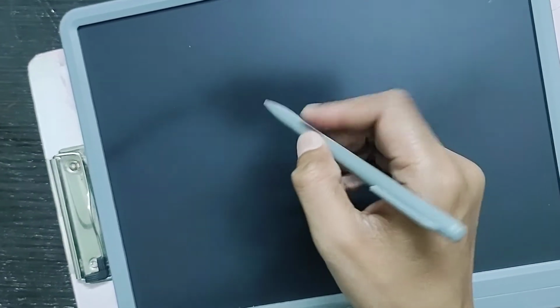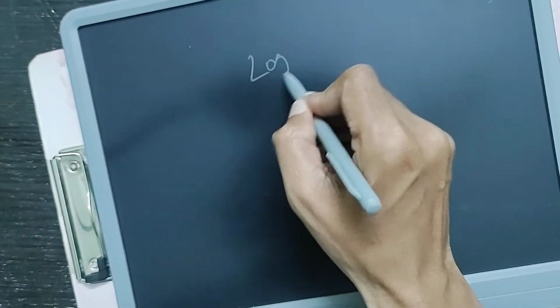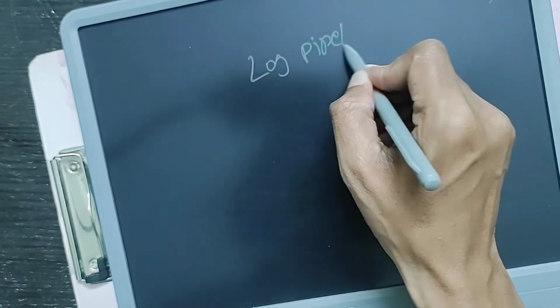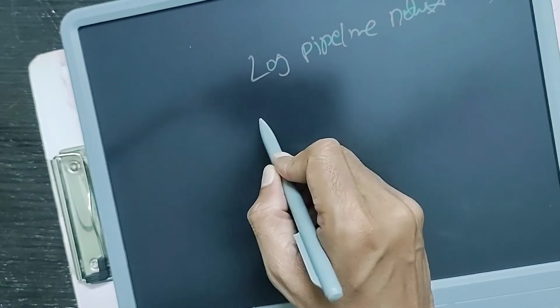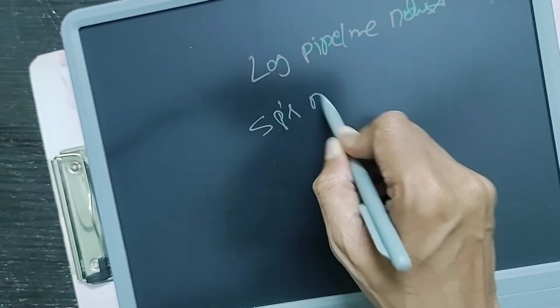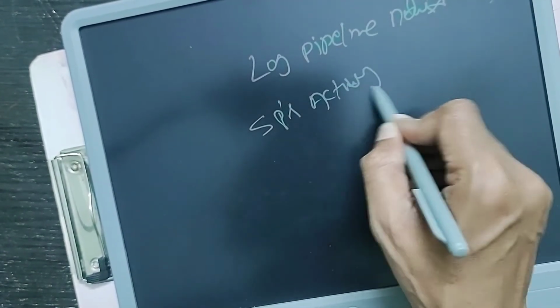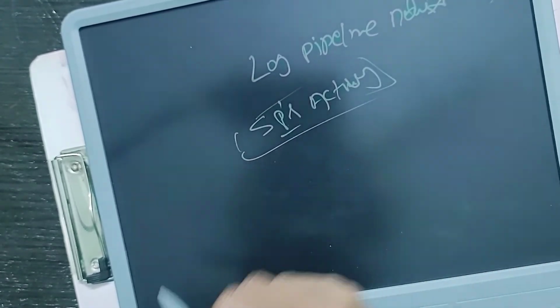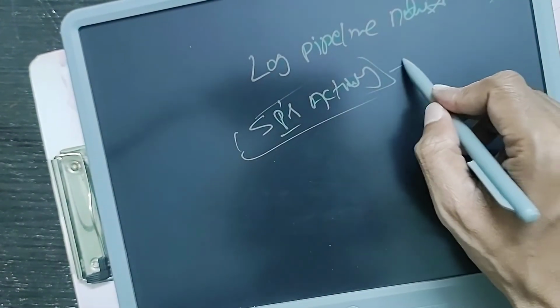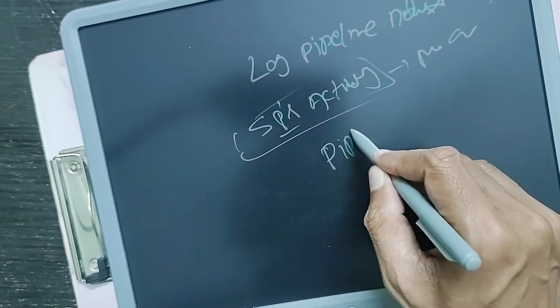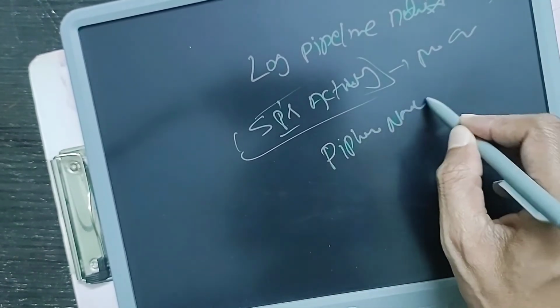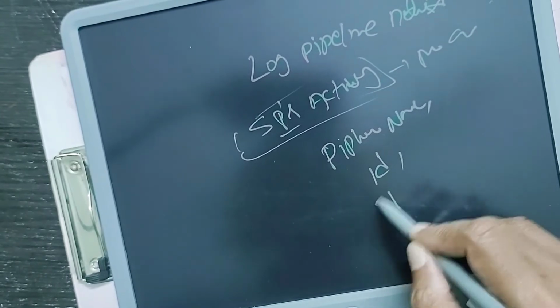In ADF, when you want to log pipeline details, you can use the SP activity, which is the stored procedure activity, by using parameters and system variables like pipeline name, pipeline ID, and trigger type.